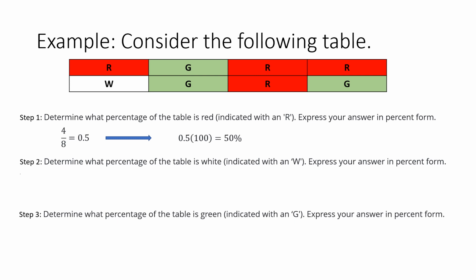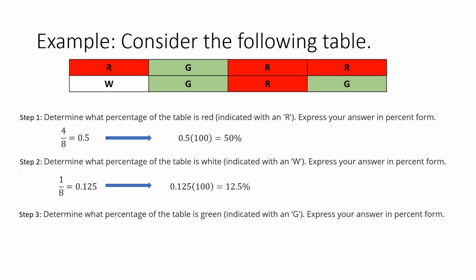And now we're going to determine what percentage of the table is white. It's going to be indicated with a W, and that's only 1 out of the 8 in the table that is going to be white, and when we divide that, we're going to get a decimal of 0.125, and to change that to percent, we're going to multiply that by 100, and that's going to give us 12.5%.